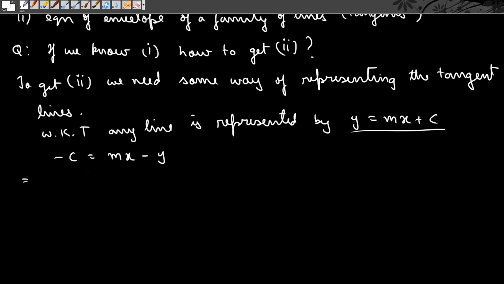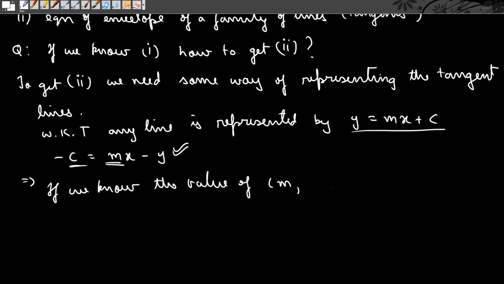So this implies to know the equation of the line, the only information that we need is the value of m and the value of c. Okay, so if we know the value of m and minus c, the reason why I am taking minus c is because of a convention which will be clear later on.